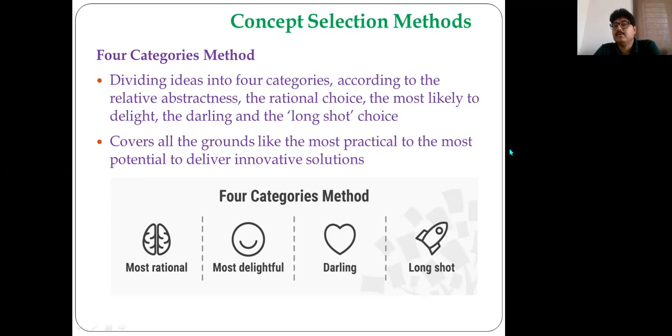And the fourth one is about maybe now it's not feasible, but in the near future it may be feasible. Keeping those ideas as a long shot, viewing with long-sightedness, for long-term relevant requirements, and trying to keep that as a separate basket. So this is the way the 4 categories method will work out.